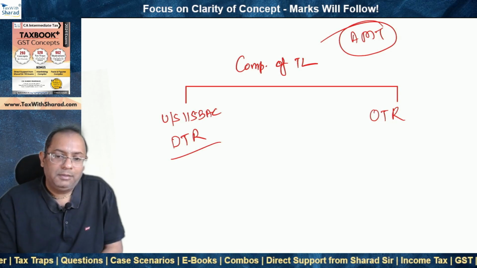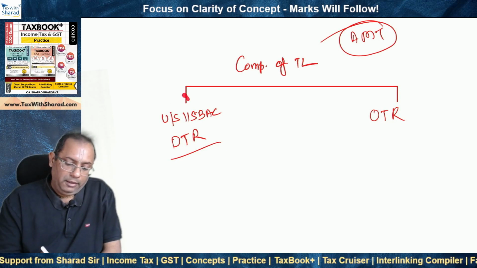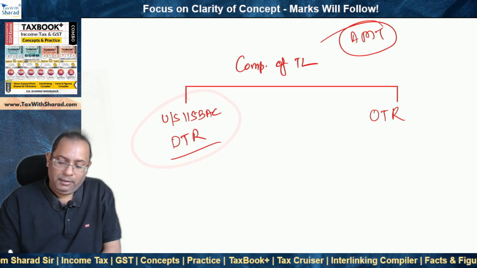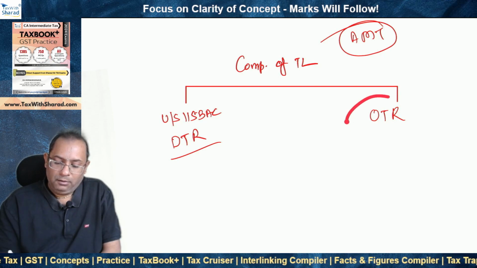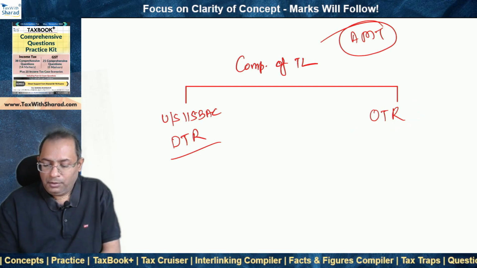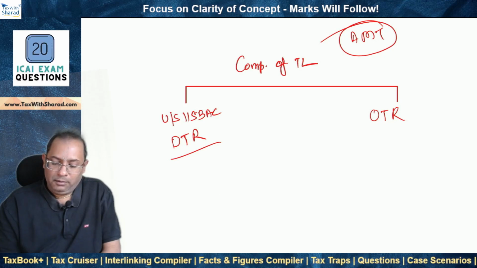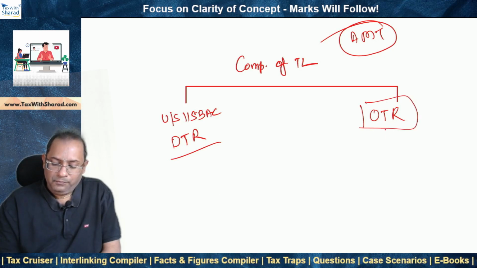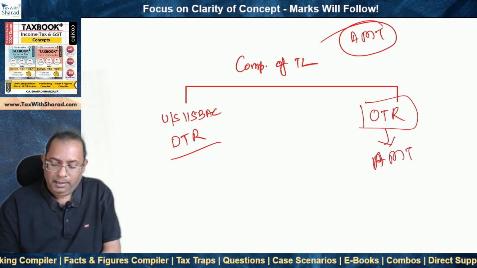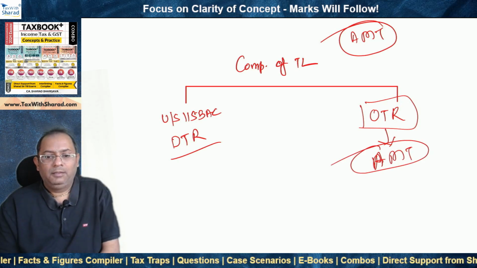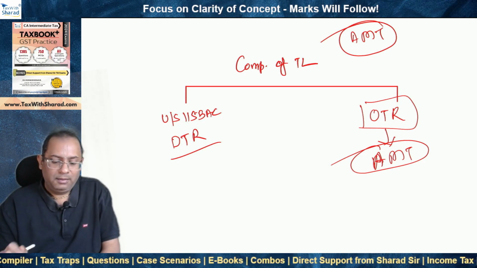There are certain conditions that need to be satisfied for AMT provisions to apply. Now, what we know is, if the default tax regime is applicable, then AMT provisions do not apply. AMT provisions apply when the optional tax regime is applicable. So when you are making computation of tax liability under the optional tax regime, you must also consider and apply the provisions of AMT if the applicability conditions of AMT are satisfied.